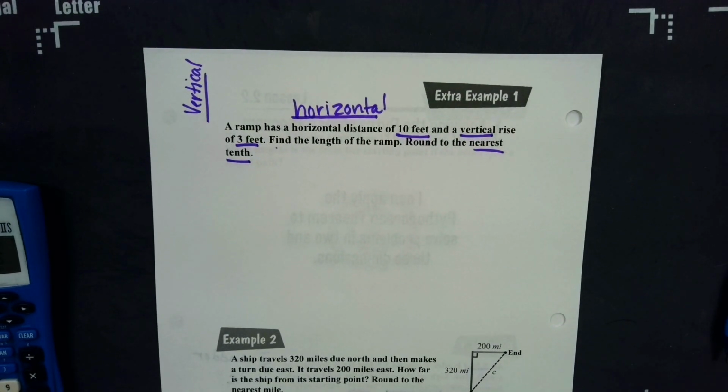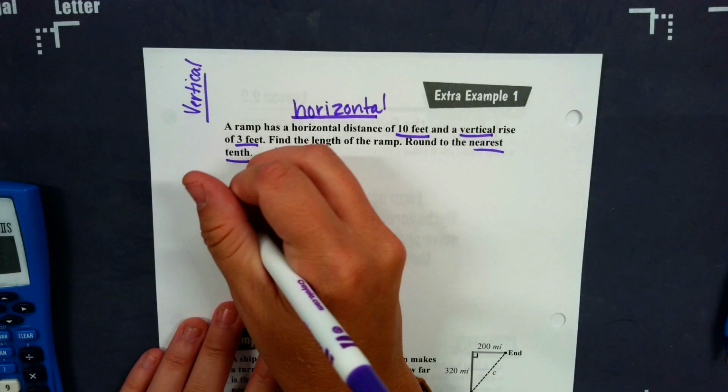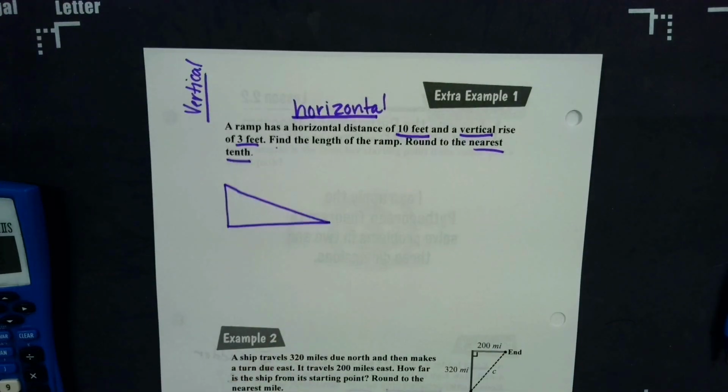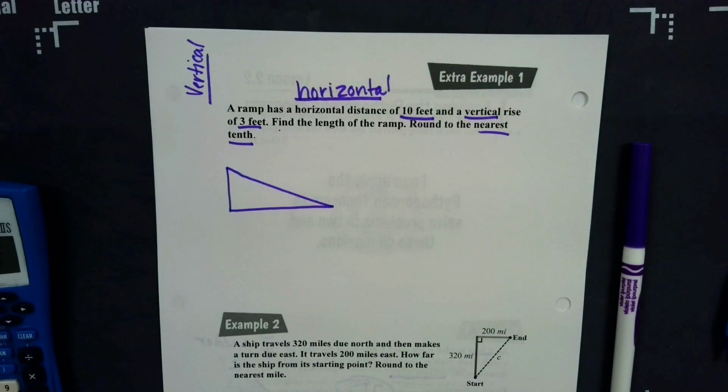If I were you personally, the first thing I would do is draw a picture and start labeling what you know.